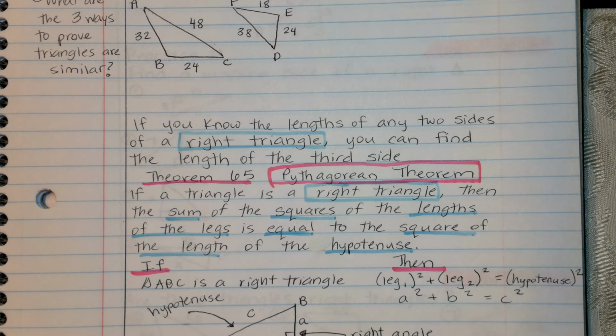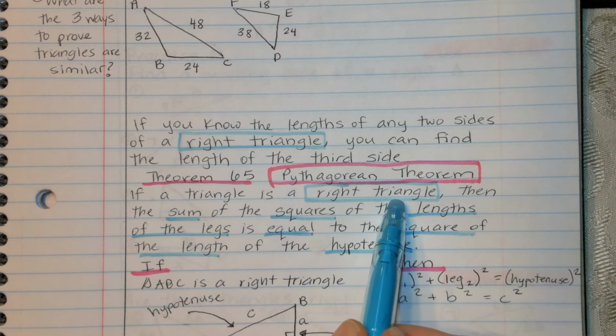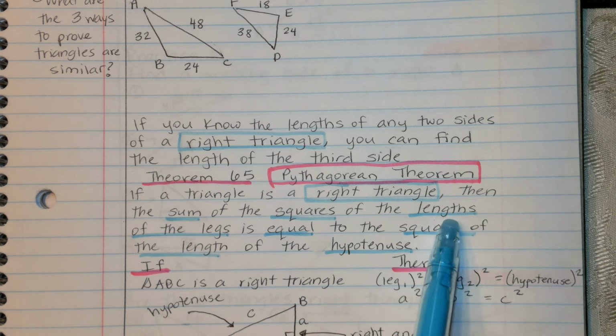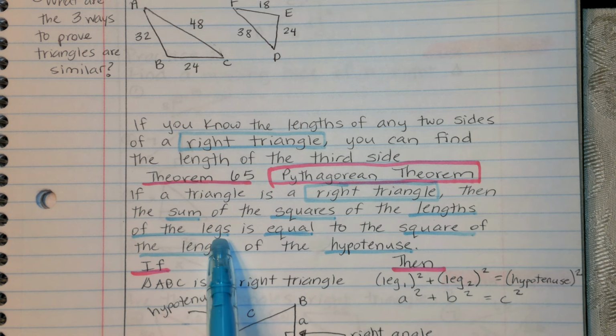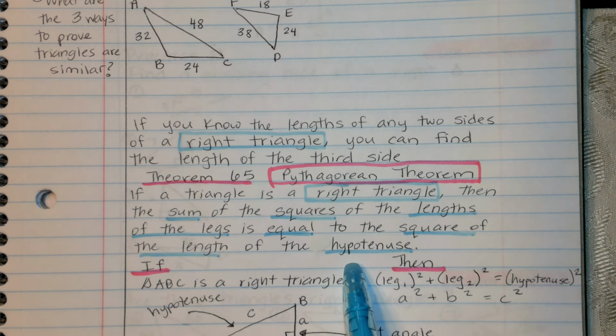So read through that a few times. Make sure you understand what it's saying. If a triangle is a right triangle, then the sum, which means to add, adding up the squares of the lengths of the two legs is equal to the square of the length of the hypotenuse.